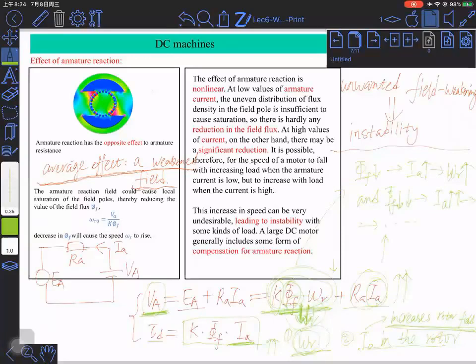This continues until we reach a speed which we cannot accept because it's too high. If the speed is too high, it's going to cause some mechanical failure. And that's the point at which the machine can no longer work.